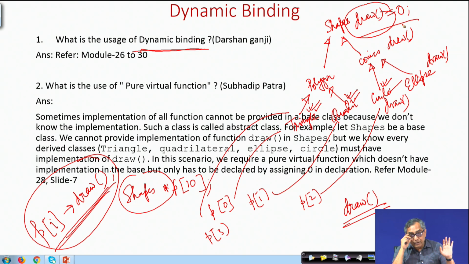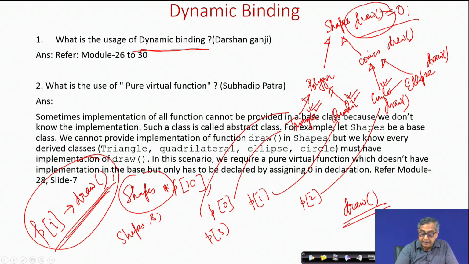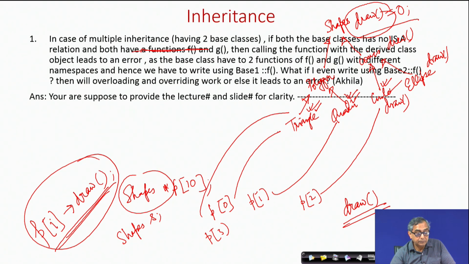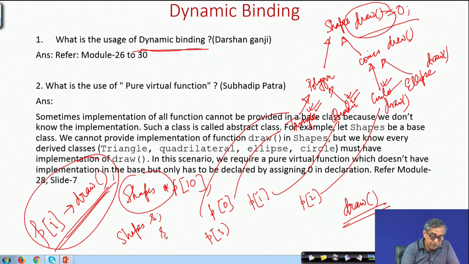So, it will be quite impossible to instantiate objects of that class. That is, if I could write shape S, so that S is an object of type shape, and I have draw, so I can write S dot draw, because S is an object of type shape, and shape has a draw function.